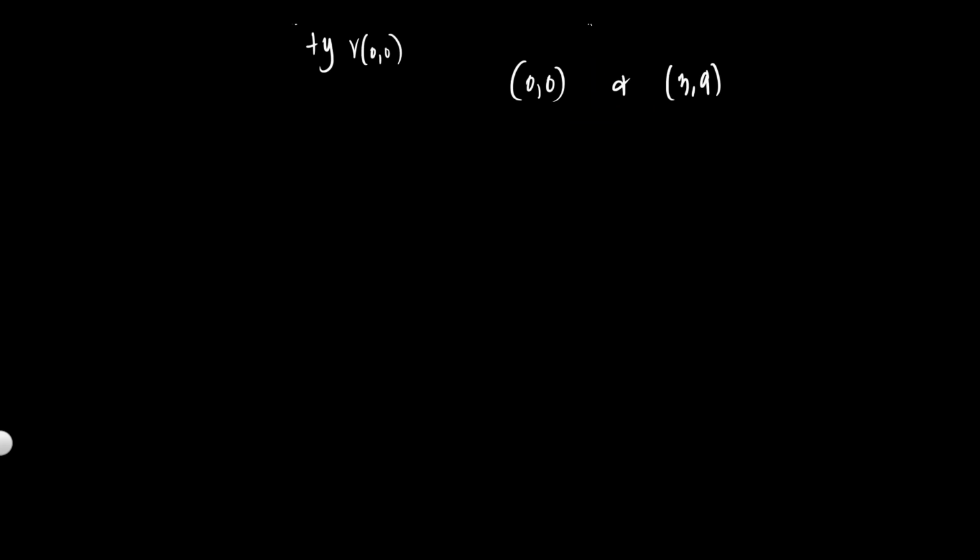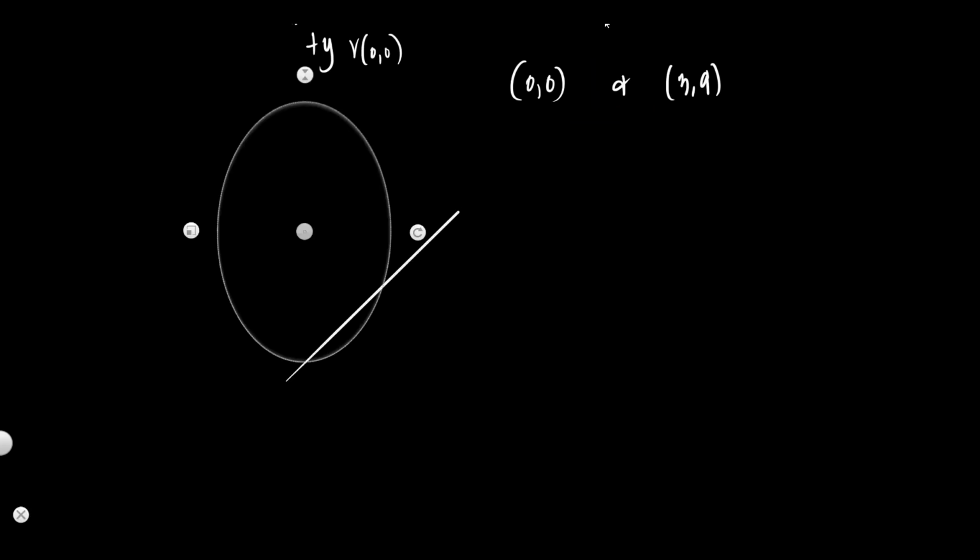So, drawing natin yung ating line and the parabola. Hindi ko na ilagay yung x-axis, but let's assume that this point is at 0, 0 and this one is 3, 9.